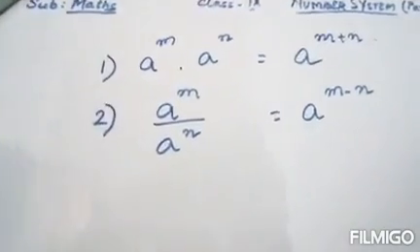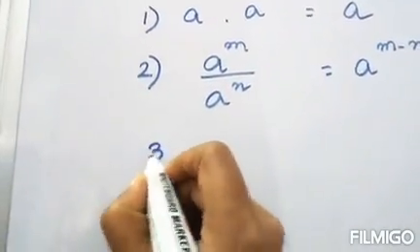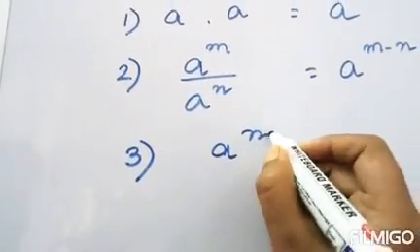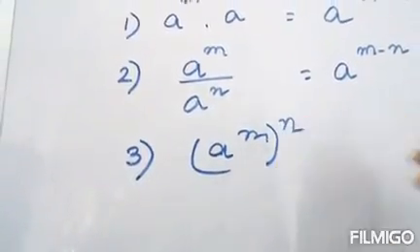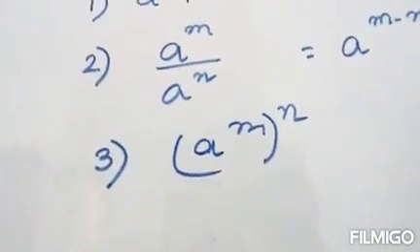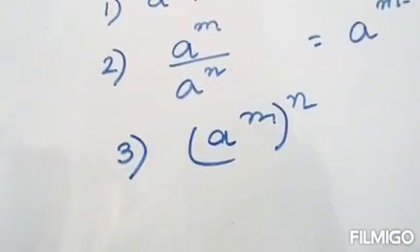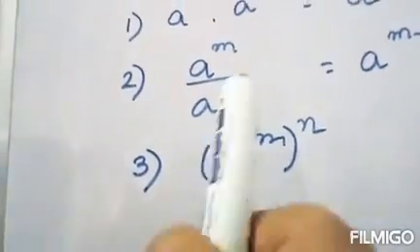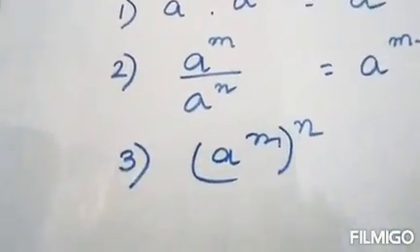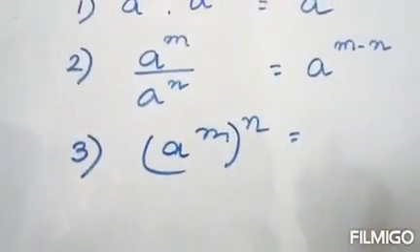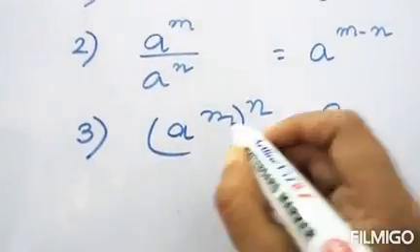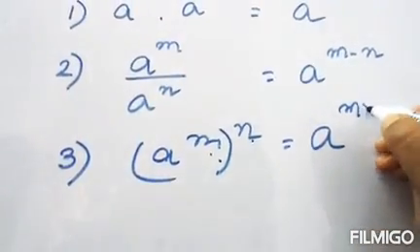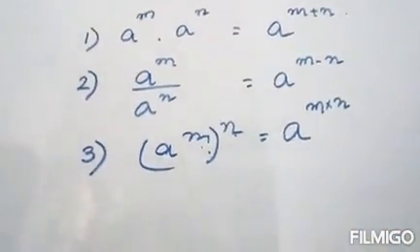Third thing: suppose my power is in this form, that is base to the power m and the whole term is to the power n. In that type of problem, we multiply the powers, so it will be m into n.